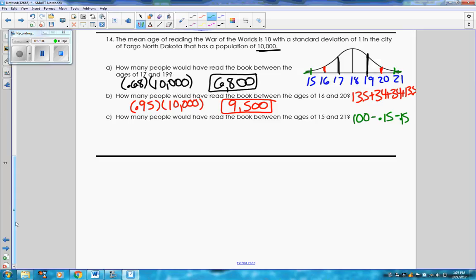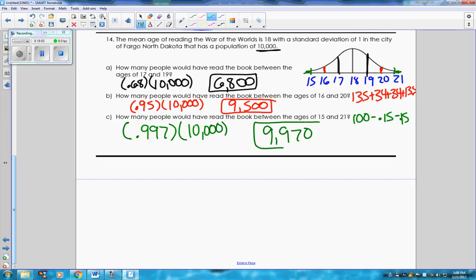I should get 99.7%, but we want it as a decimal, so I'm going to have 0.997, and I'm going to multiply that number by 10,000, which should give me 9,970 people who read the book between ages 15 and 21.